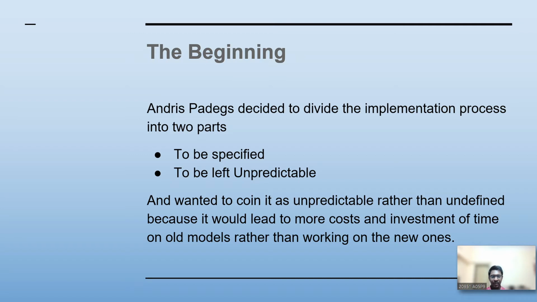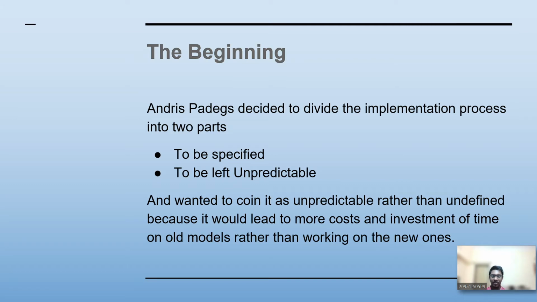That's what unpredictable means. They wanted to coin it as unpredictable rather than undefined because undefined would lead to more costs and investments of time on older models rather than working on new ones.